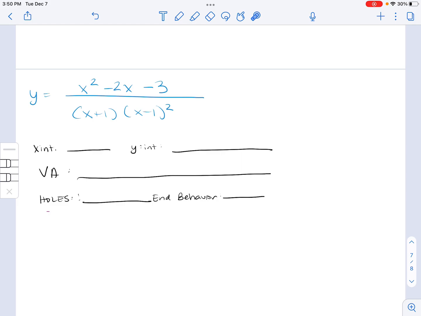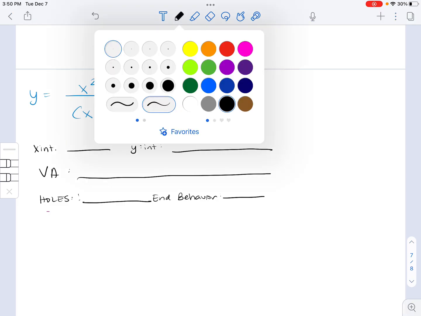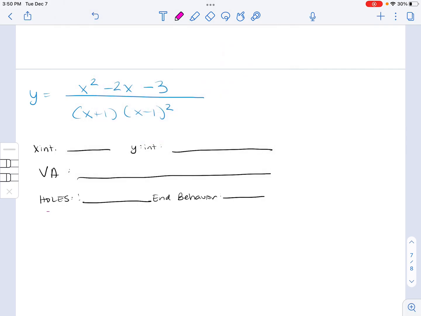So before I do anything else, I'm going to factor the numerator and denominator to see if there is a hole. So remember, holes come from factors that appear in the numerator and denominator. So before I start finding any information, I want to figure out if there's a hole, and if there is, remove it. So if I factor the numerator, I get (x minus 3)(x plus 1), and the denominator is (x plus 1)(x minus 1) squared.